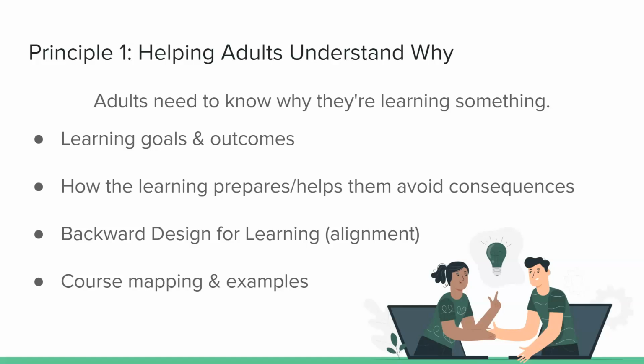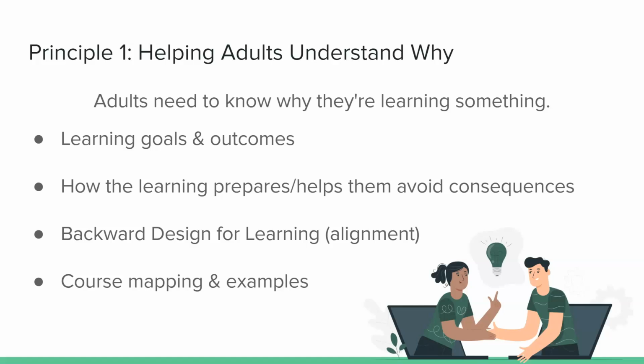And this is all related to something I wanted to share with you called backward design for learning. This is a concept that was developed somewhat recently in the landscape of adult learning theory and instructional design theory. Backward design for learning is an approach you can take to designing instruction.